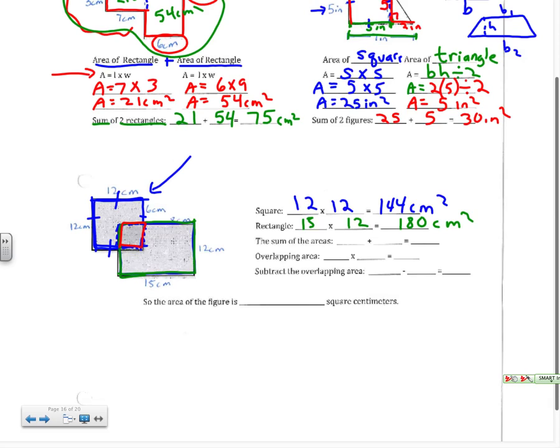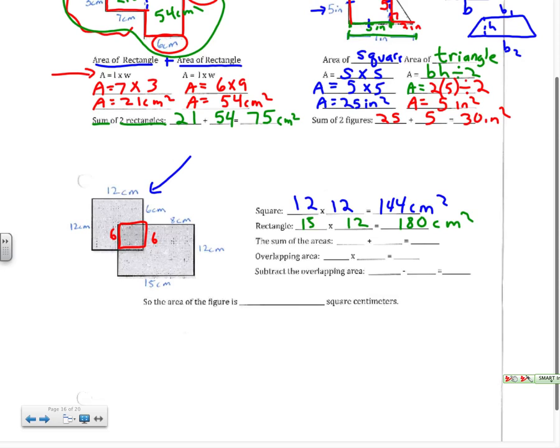So this is where, again, I apply reasoning. I have to figure out what the dimensions are of the overlapping area. If this side is 12 and this side is 12, this looks like it's about halfway here, so this side must be 6. This side must be 6.